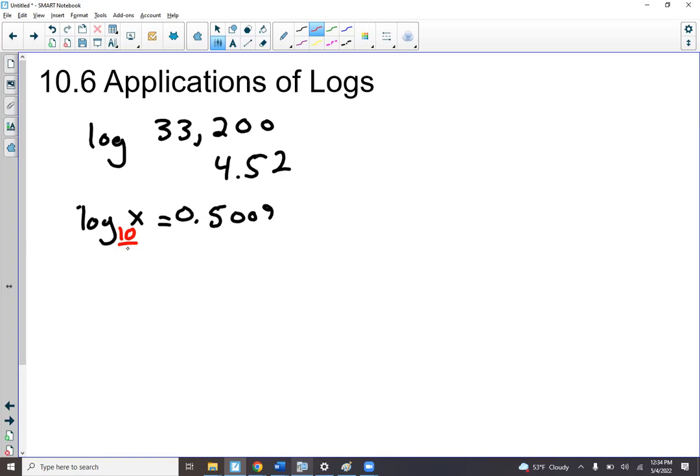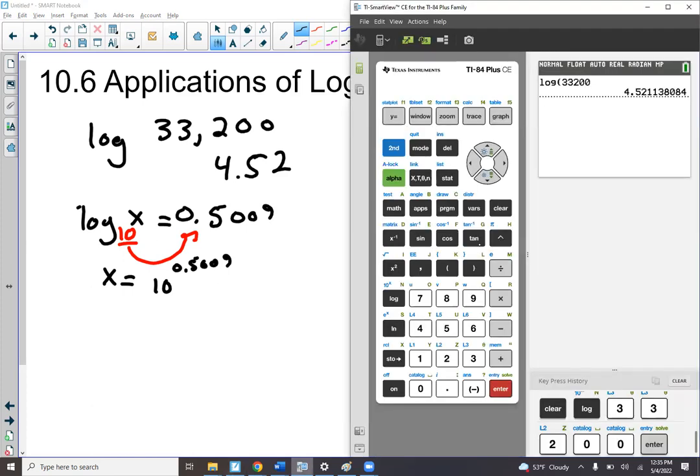So I'm going to make the base of the log, which was 10, become the base of the exponent. So X equals 10 to the power of that. 0.5009 is going to be the exponent. In your calculator, you're going to type in 10, then the caret, which is above the division symbol, then put the decimal 0.5009. 3.197.